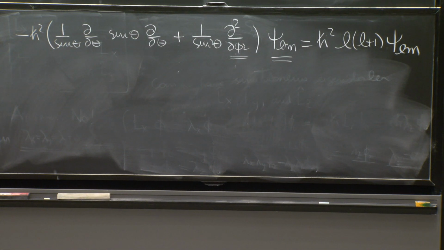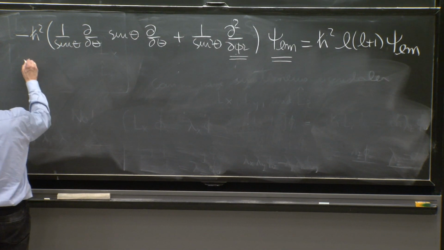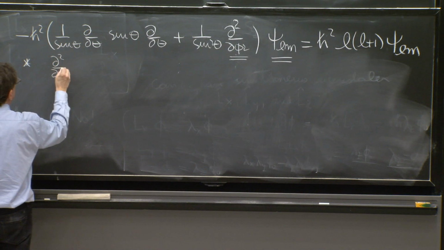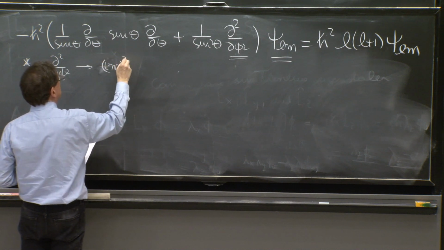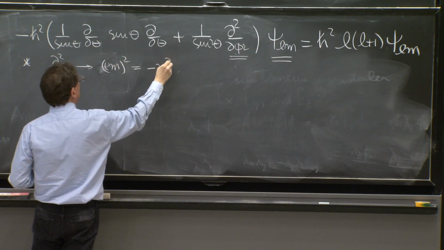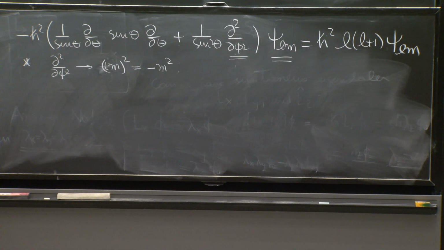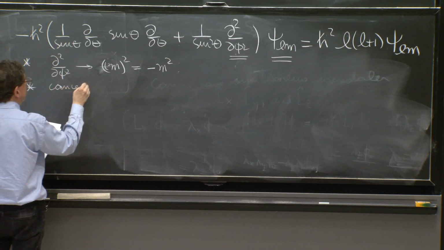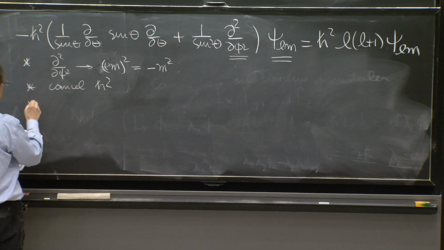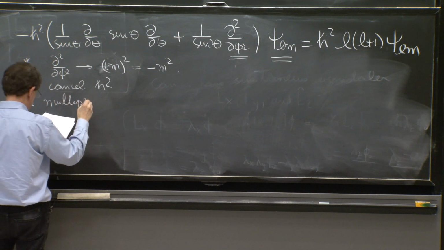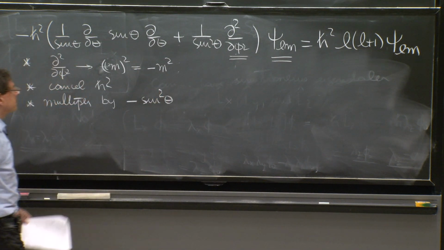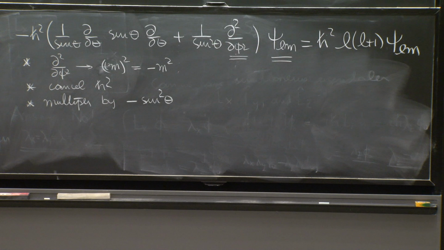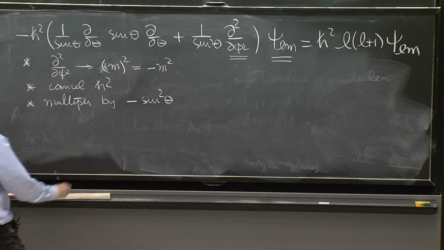So things we can do, so we'll do the d second d phi squared gives you im squared, which is minus m squared, multiplying the same function. You can cancel the h bar squareds, and multiply by minus sine squared theta to clean up things.